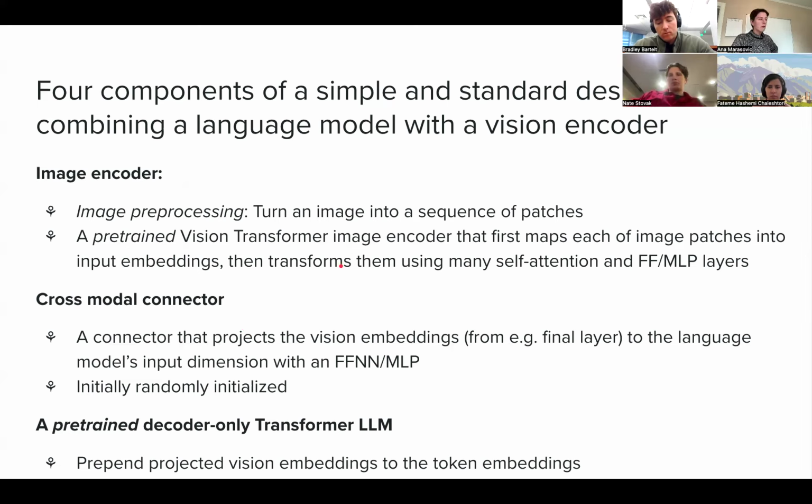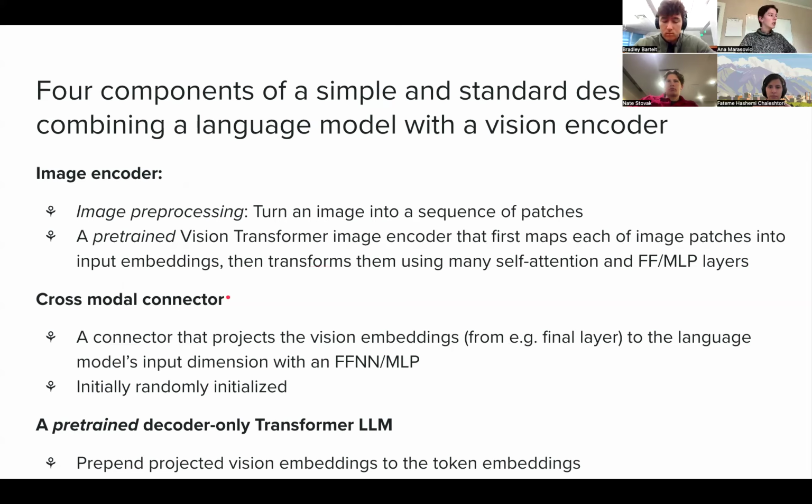Then what is common is to take those image embeddings and prepend them before your token embeddings that you're going to place into some decoder language model, because decoder language models can decode text for us.